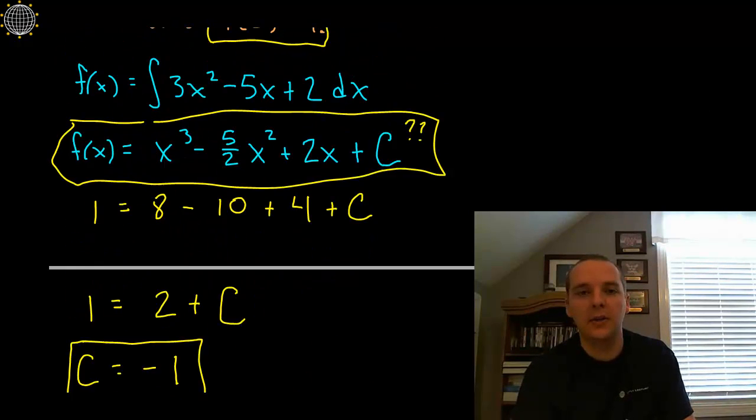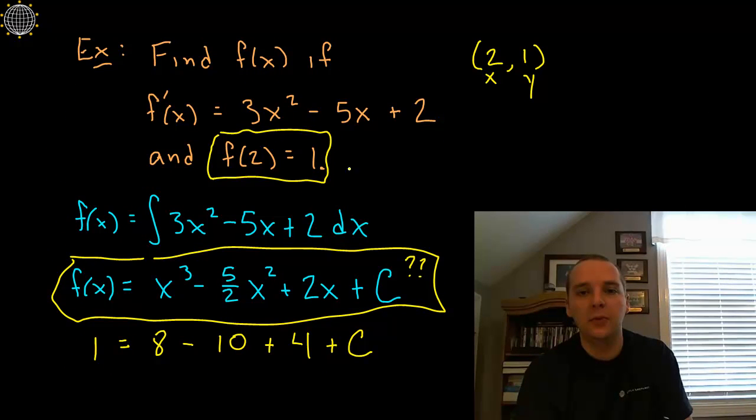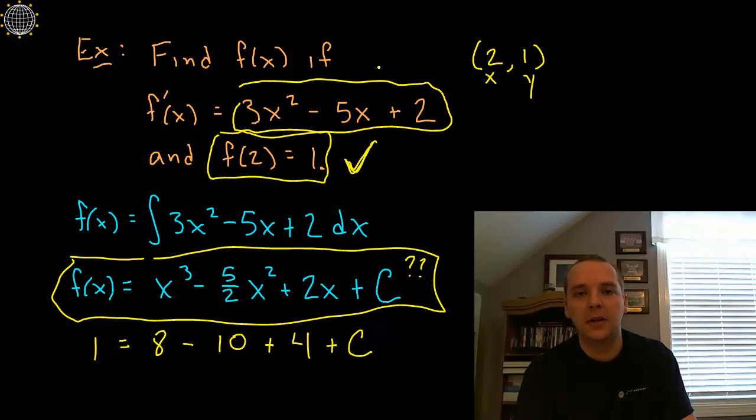On the one hand, and you can check me on this, f of 2 really does equal 1. In other words, you can plug 2 into our function and you would get 1 out, as well as the derivative is this, right? And so it satisfies not only the derivative stipulation, but the initial condition stipulation as well.